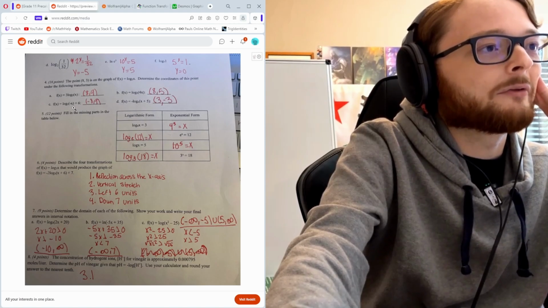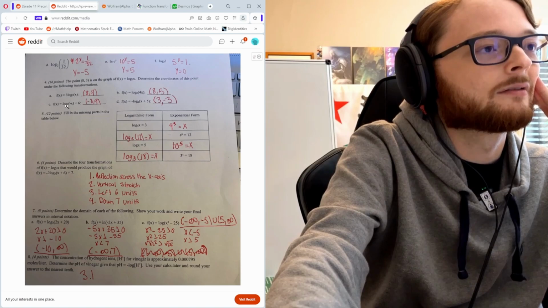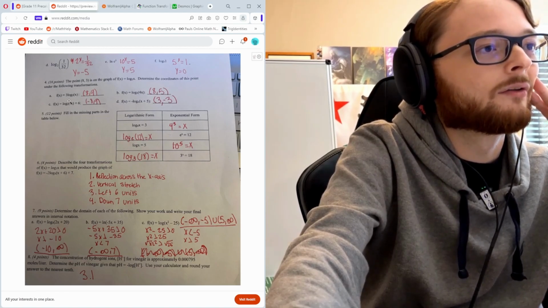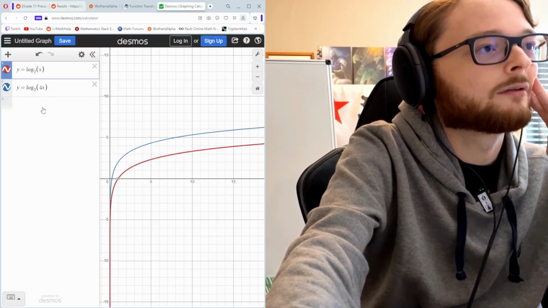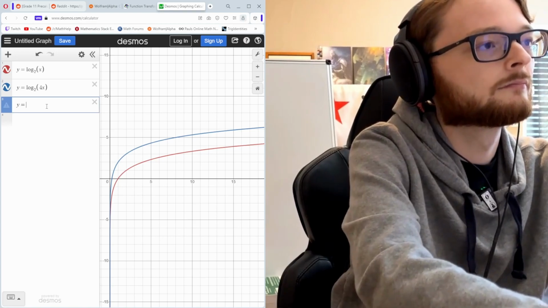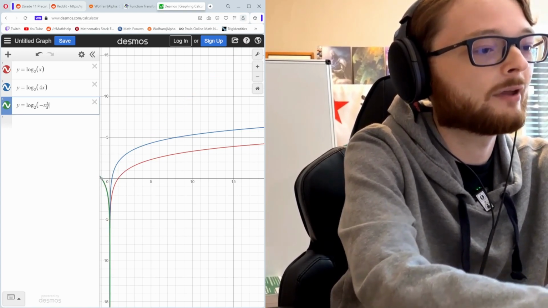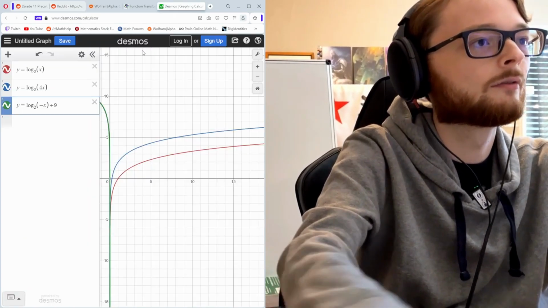So, okay, let's look at part C and see if that jingles any bells, I guess. Here we're reflecting x, so we want log base 2 of minus x plus, was it 9 or 6? 6.